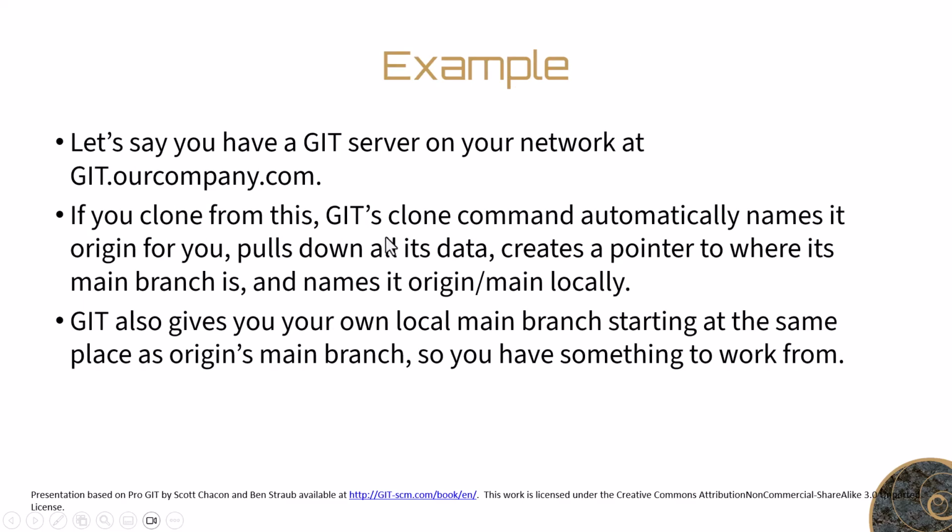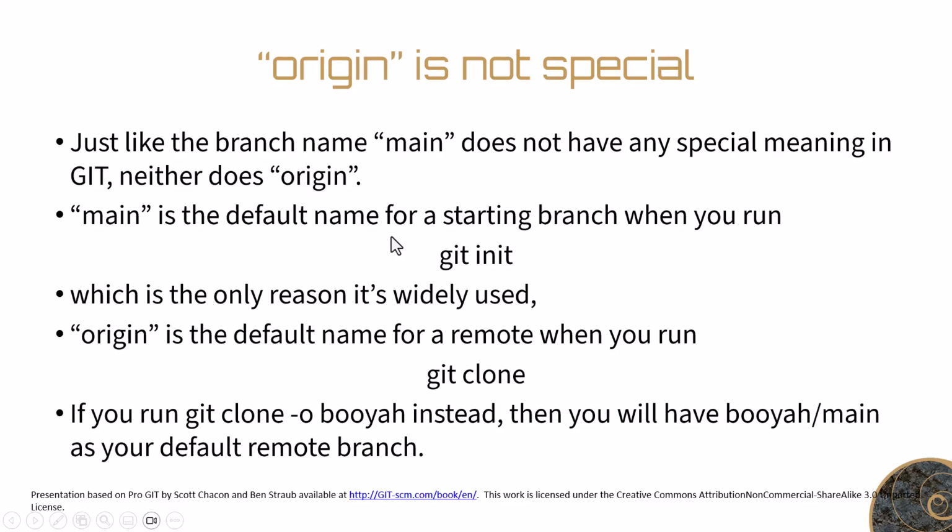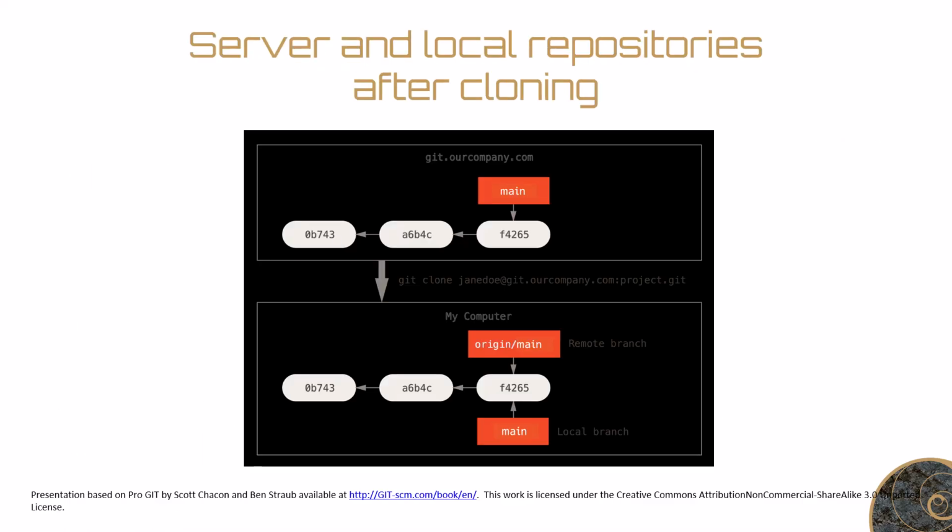So how do we deal with that? Well, when we clone, we brought down that main branch. That means there's a main on the original computer or on the server, and there's a main on our local machine.